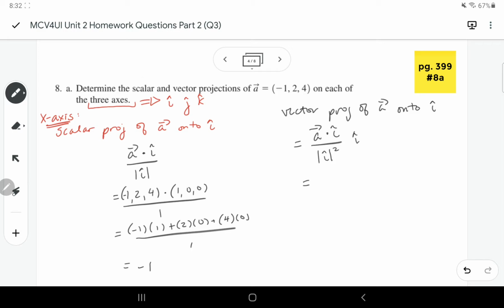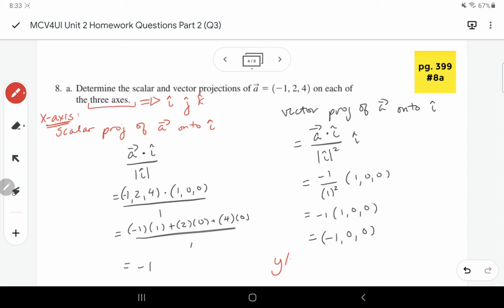So looking back on this, we know that when we do A dot i hat over the magnitude of i hat, which is 1 squared, that's -1, times this vector. So that's -1 times my vector, so it's a scalar multiple of the vector in the direction of the x-axis. So it would be the vector -1, 0, 0. So you would do that for the x-axis.